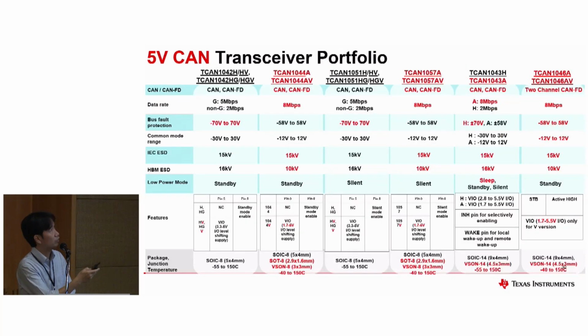Okay, so this is the 5 volts portfolio. For the 5 volts portfolio, you can see the bus fault protection we offer for this family can go up to 70 volts.